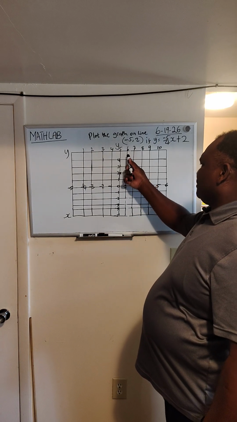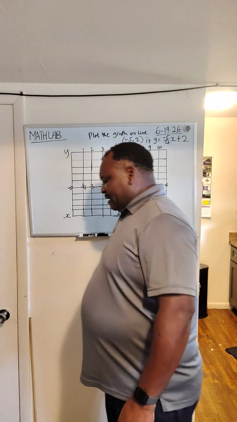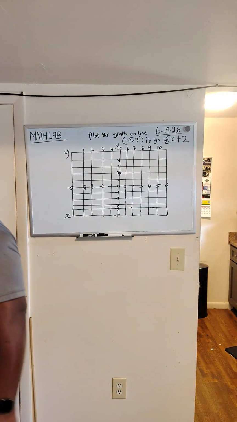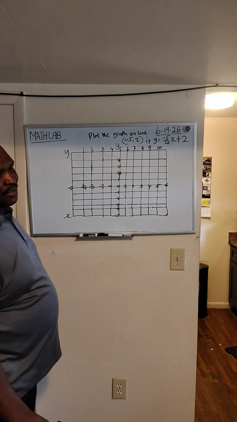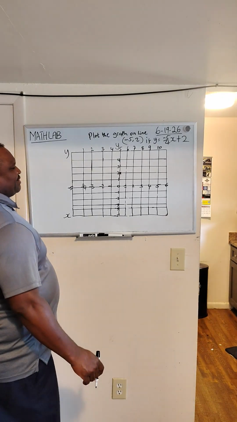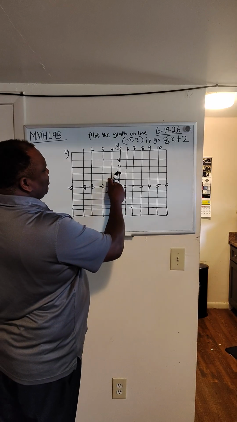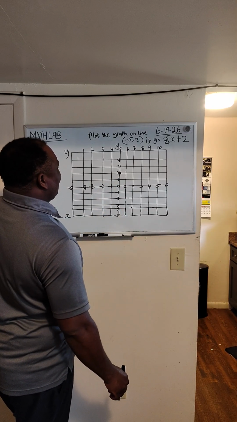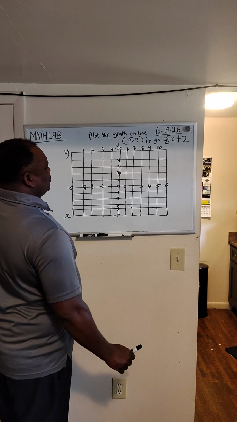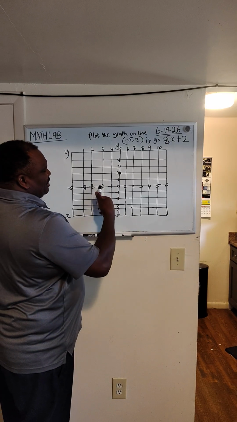So now it's rising 5 steps, going down 5 steps on the x-axis. So from point 2 right here, the line is running down 5 steps.